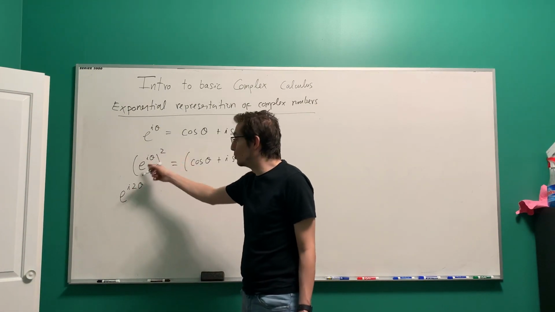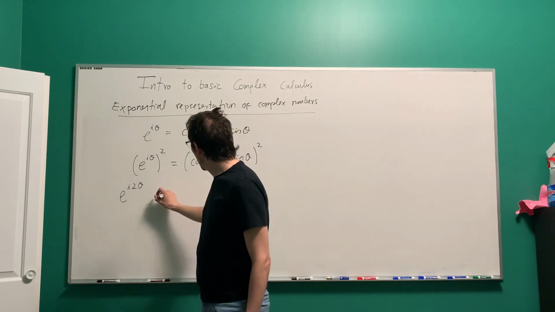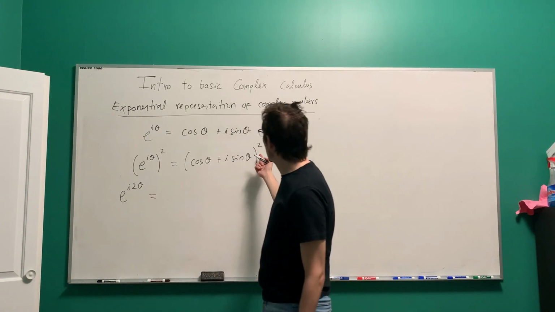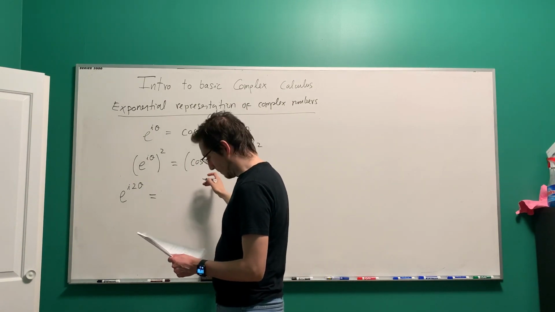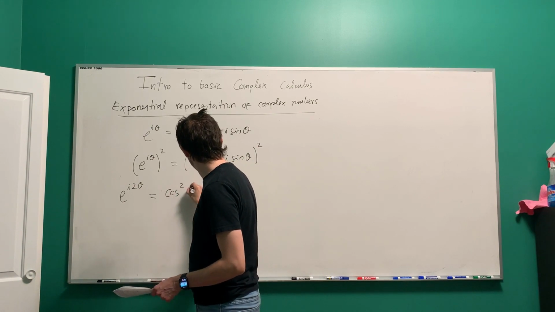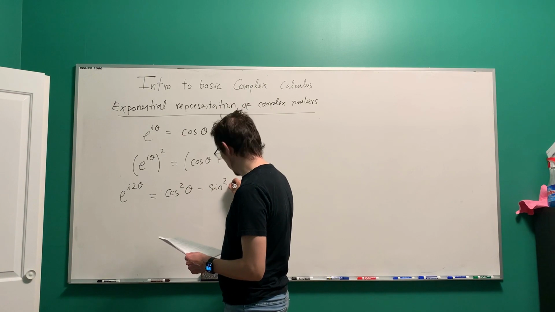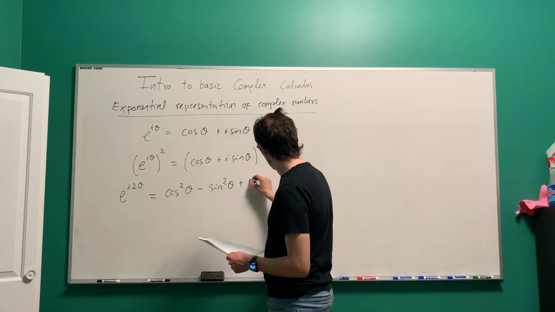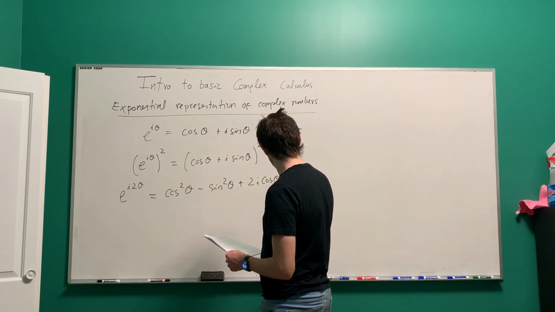In this case, it works to multiply the exponent when it's a purely imaginary one. So, what about the right-hand side? Well, the right-hand side is a binomial, so I can expand the binomial. That's an easy one, because what I get is cosine squared of theta minus sine squared of theta plus twice i cosine theta sine theta.